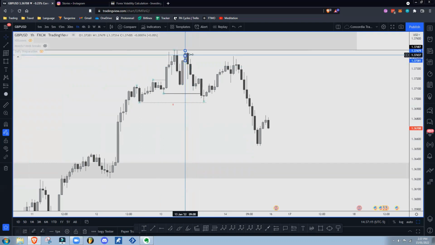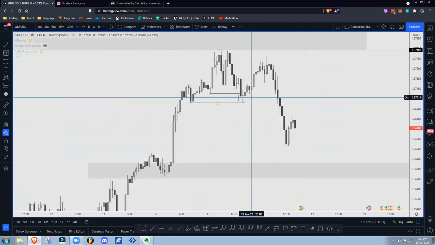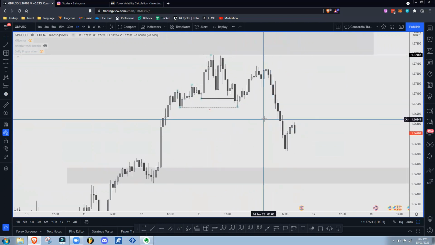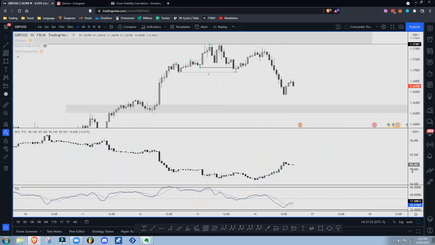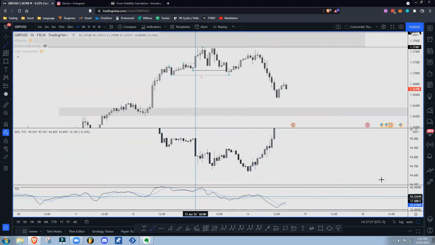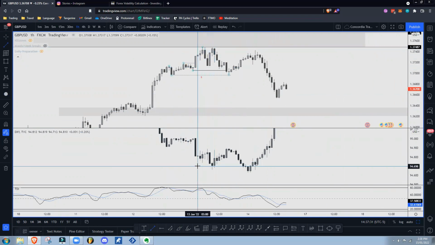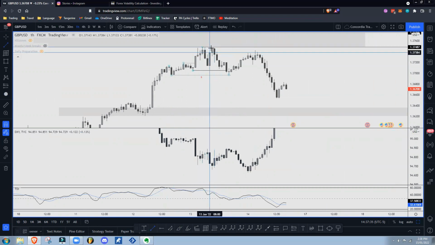And now you might be saying to yourself, oh, Matt, these are equal highs. And something that you can look at is just looking at divergence to confirm. So something like this, for example, with the dollar index, and this is a TDI or RSI, whatever. It doesn't really matter, honestly. Same thing. You can see, right? Lower high right here.